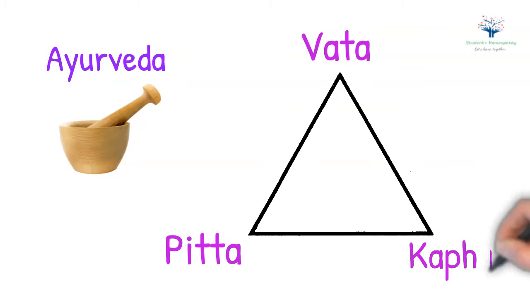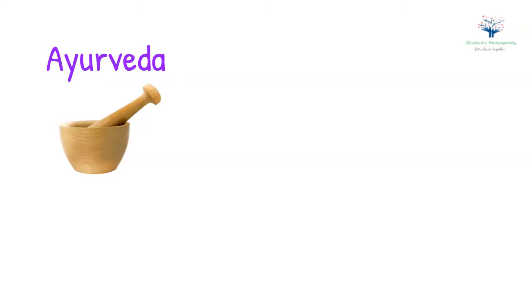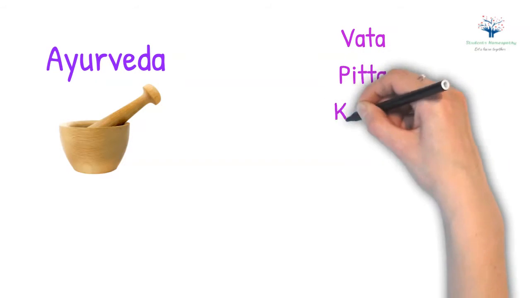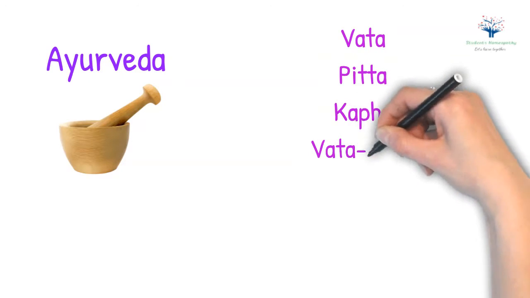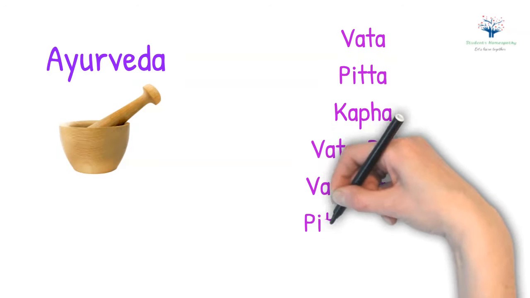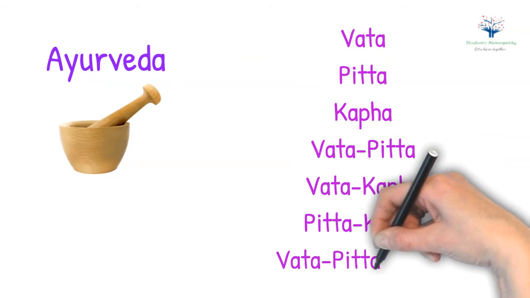Based on the dominant dosa, they have divided man into 7 categories and described their physical and mental characteristics accordingly. These categories are Vata, Pitta, Kapha, and the combinations of them such as Vata Pitta, Vata Kapha, Pitta Kapha, and Vata Pitta Kapha.